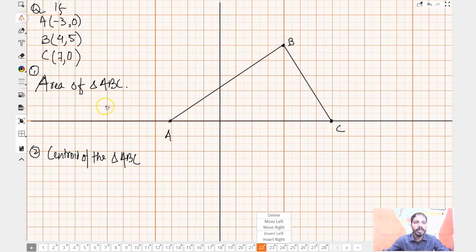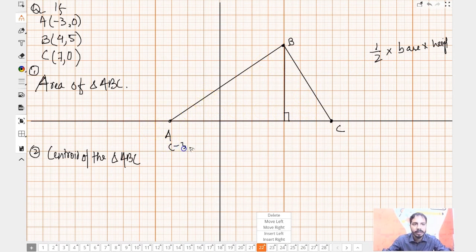Now what is the formula of the area? Area, I know, is half into base into height. Now what is the height here, guys? If you see carefully, this is my height, right? So if I can find this height and this base, I can find out the area of this. Now this is very simple.